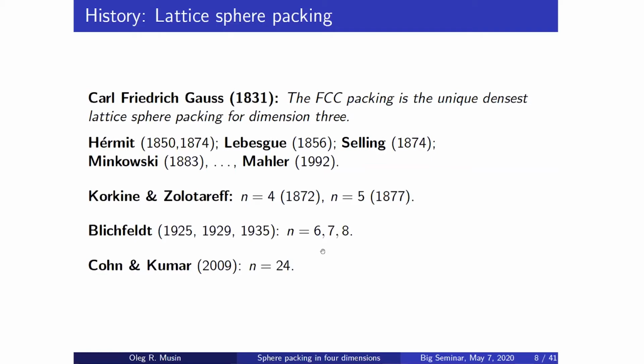Next, it was published in 2009, but the first announcement, the first presentation, was in 2003, because I was together in the same meeting in Berkeley. Cohn and Kumar proved that the Leech lattice is also the densest lattice packing in dimension 24.